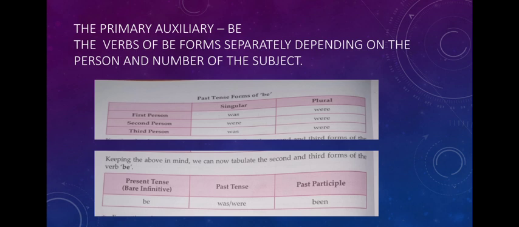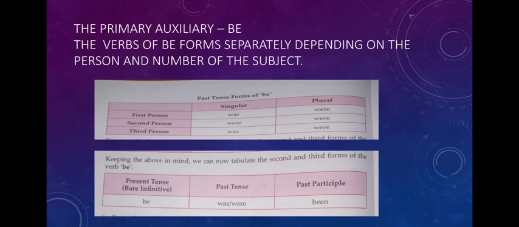So, the past tense forms of be. If it is singular, it was; in the plural, it would be were. Third person singular was, plural were.